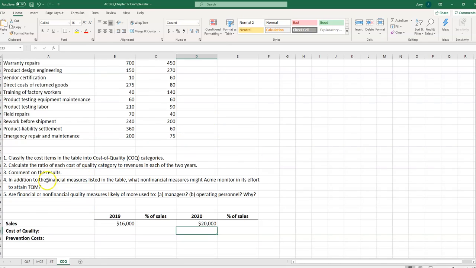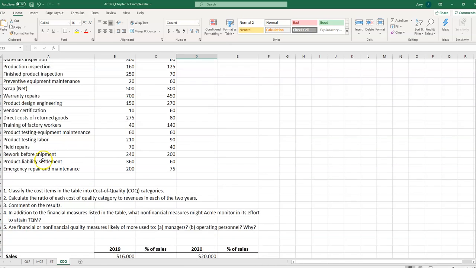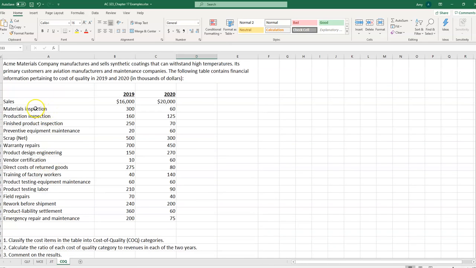Then we have our prevention costs. So we're going to sort each one of these out. First, we have materials, production, and finished product inspection. Well, inspection is an appraisal cost, so all of these are appraisal costs.